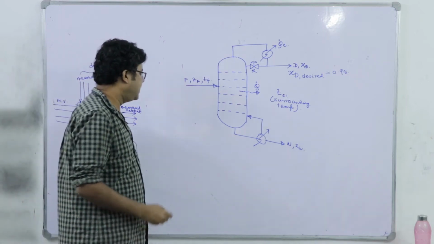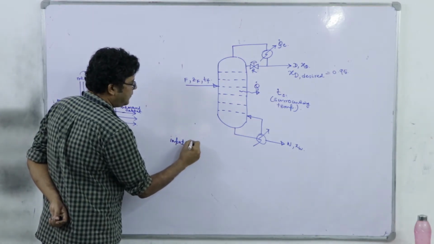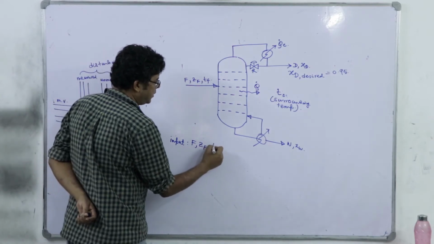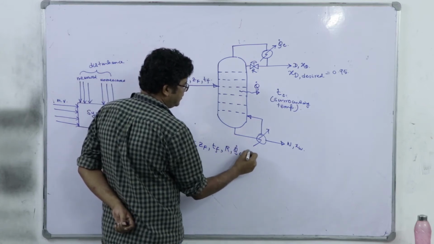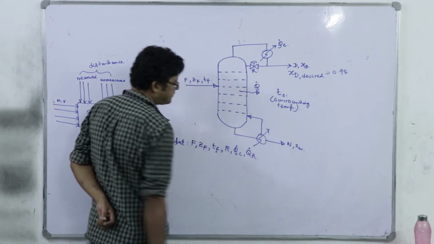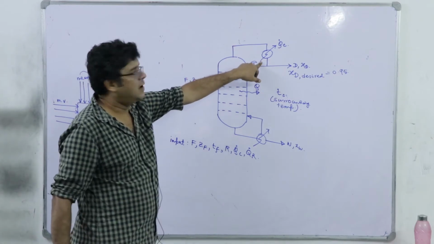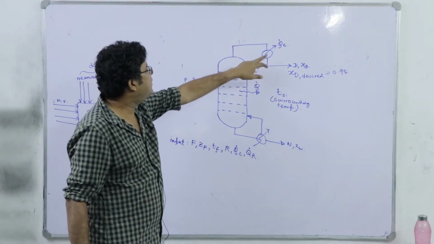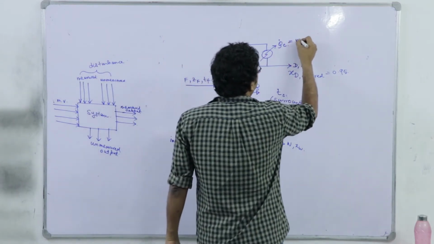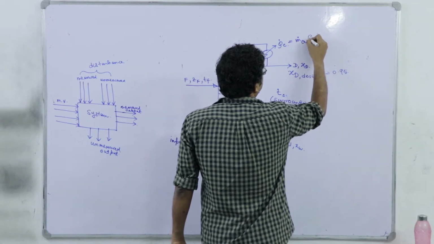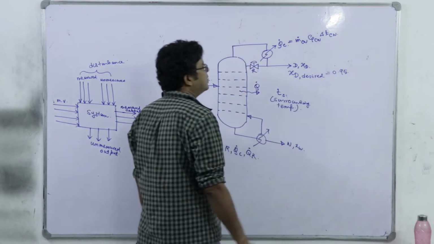Now what are the inputs to that system? F is definitely an input, ZF is an input, TF is an input, right? R is an input, Q dot C is an input, Q dot R is an input. All these are input variables because here we have a valve and we can actually control the mass flow rate of the cooling water, and Q dot C, you see, is m dot cooling water Cp cooling water into delta TW, right?